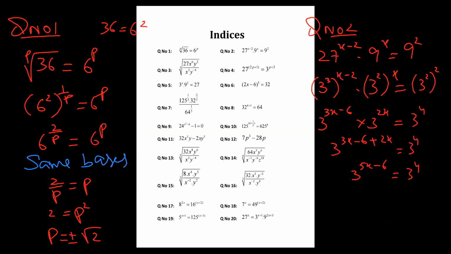No problem at all. And right here, same basis. Because this 3 and this 3 match, that is why. Cancel them. And we got 5x minus 6 equal to 4. This 6 goes to the other end, add with 4 become 10. So x is 2. And we have finished first 2 questions.